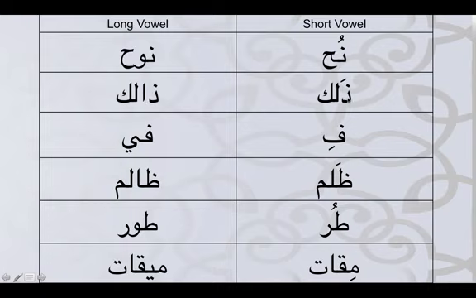The one on the left is a real word. If this word was written with a short vowel, the fatha, it would be dhalik. But when written with the long vowel, the alif, the word becomes dhalik.